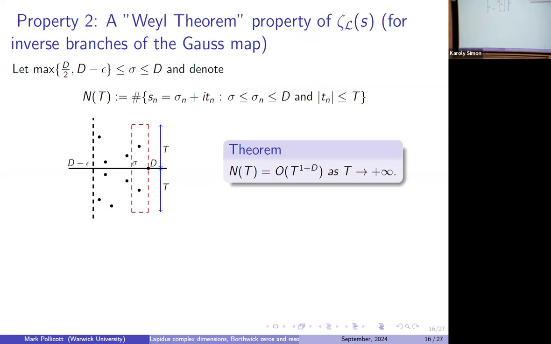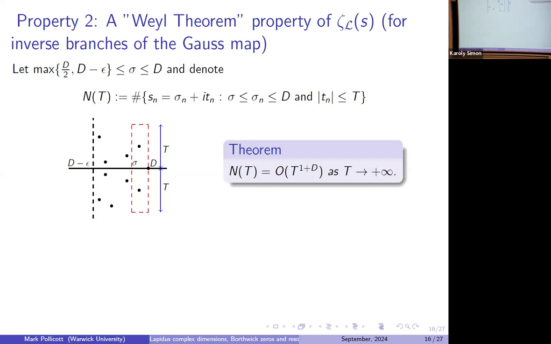We have all our poles hanging around, so we can take a box, which is going to have a fixed width. We start at the point D, to the right of D there are no poles. We go to the left for some distance delta, and this delta should be where we actually have an extension, but we don't want to go further than D over 2. So it's got a certain fixed width.